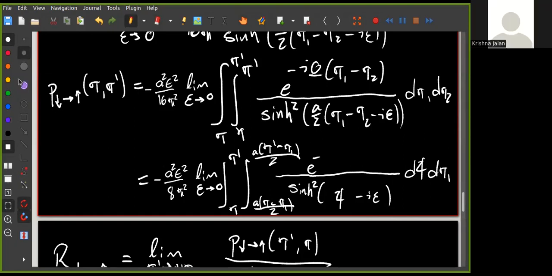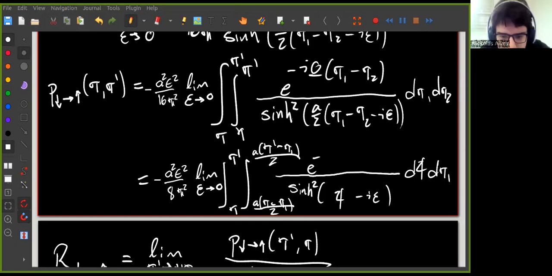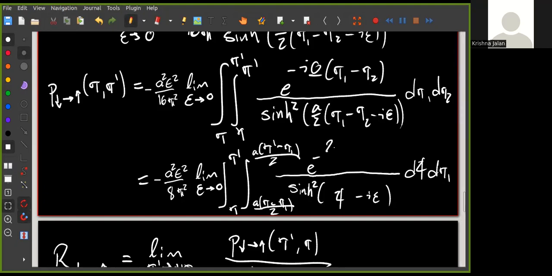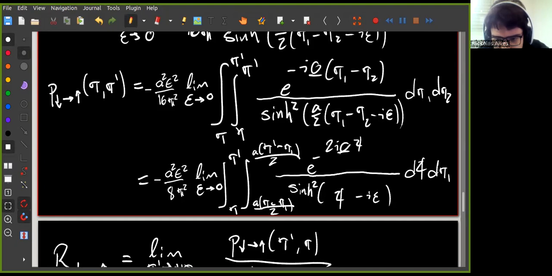And then in the front there will also be some changes. It will be a only now. Minus 2i omega psi over a, with the plus sign, and this a here does not have a square anymore.